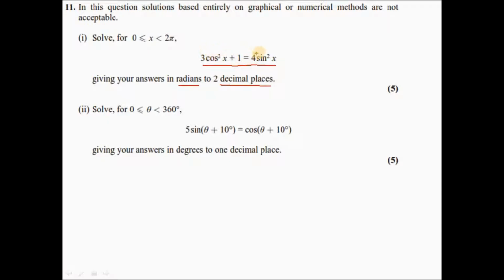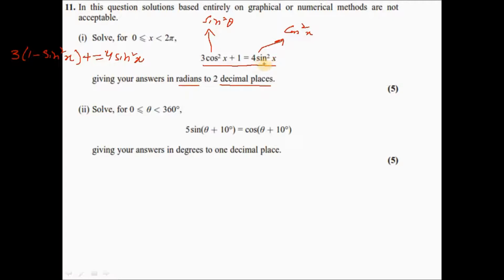We can convert sine square in terms of cos square using the formula 1 minus cos square equals sine square, or we can change cos square into sine square. It's up to you, whatever you choose. I am changing cos square into sine square, and you know that cos square is 1 minus sine square, so 3 times (1 minus sine square x) plus 1 equals 4 sine square x.